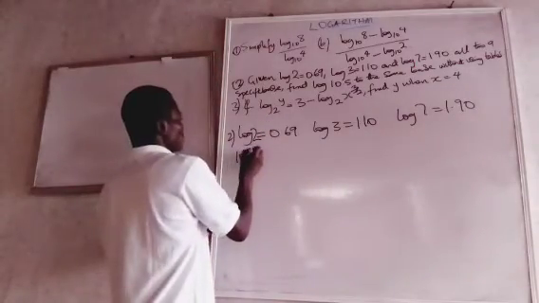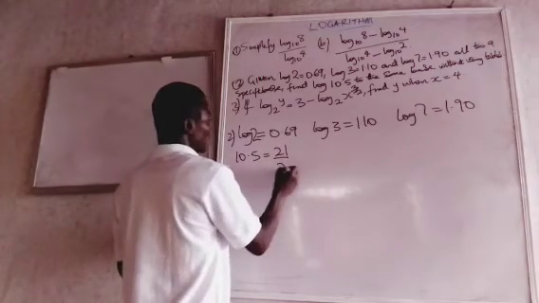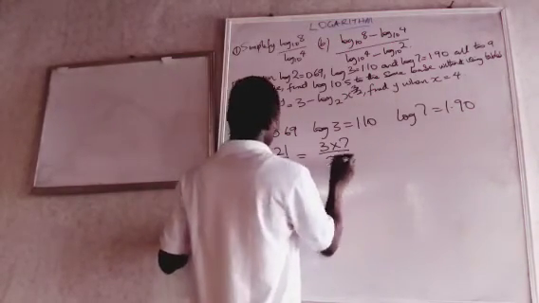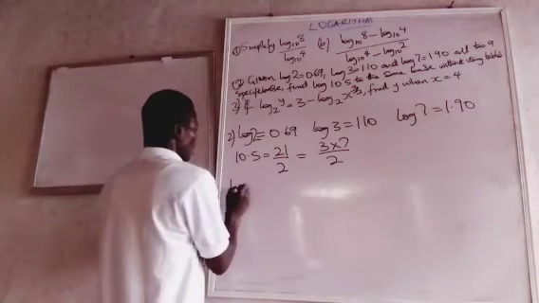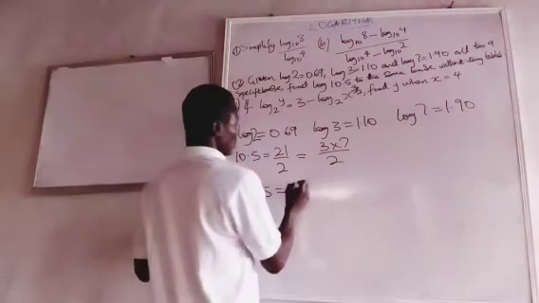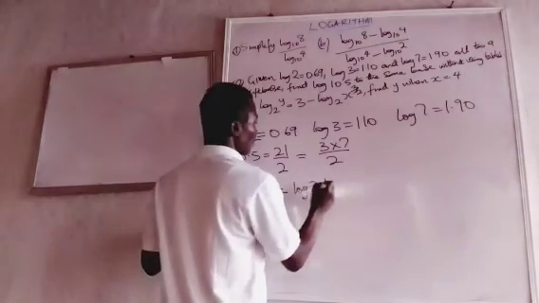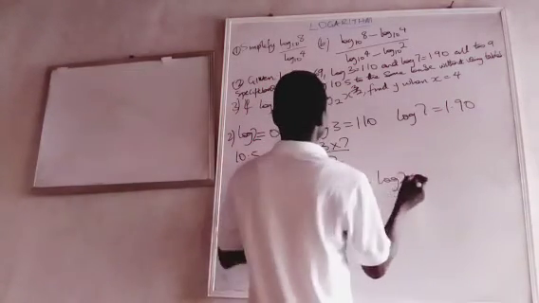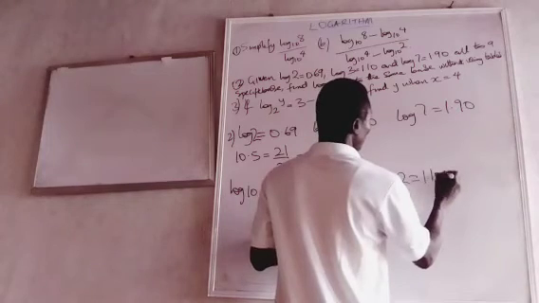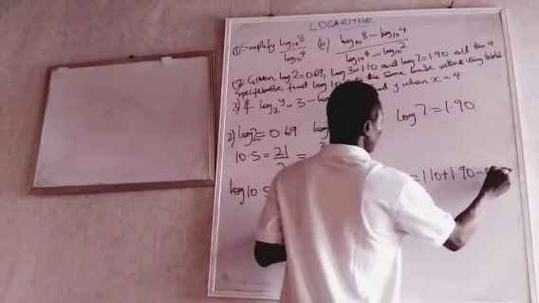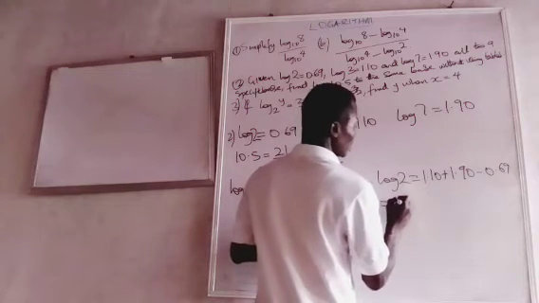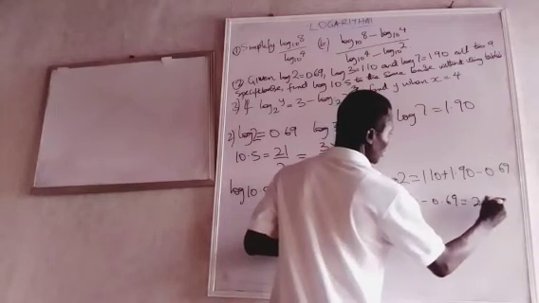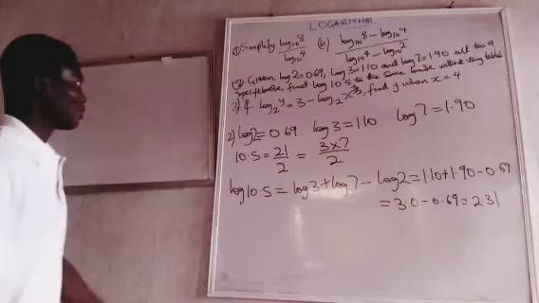You know that 10.5 will be equal to 21 divided by 2, and that is equal to 3 times 7 divided by 2. So log 10.5 will be equal to log 3 plus log 7 minus log 2, which will be 1.10 plus 1.90 minus 0.69, and that is 3.0 minus 0.69, that is 2.31. So that's the answer for the second one.